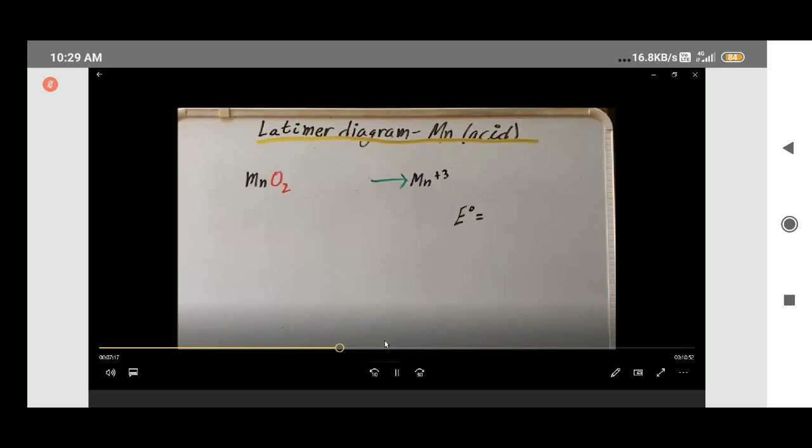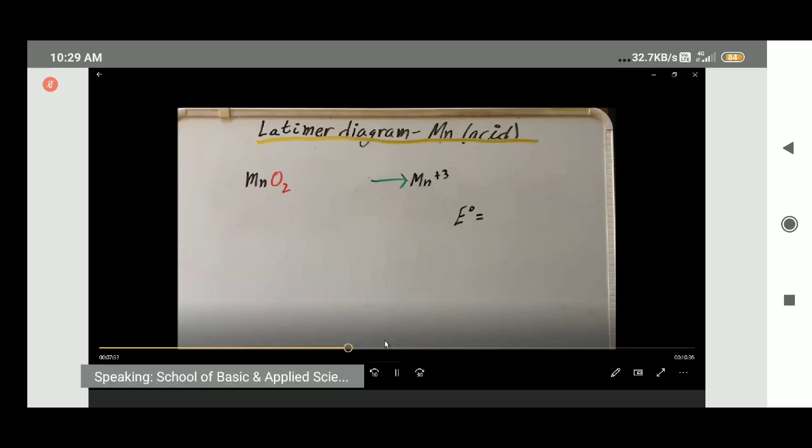Our next step is the reduction of manganese dioxide to manganese. We had determined that the oxidation number of manganese in manganese dioxide is +4. So we're going from manganese in a +4 oxidation state to manganese in a +3 oxidation state, by adding one electron.